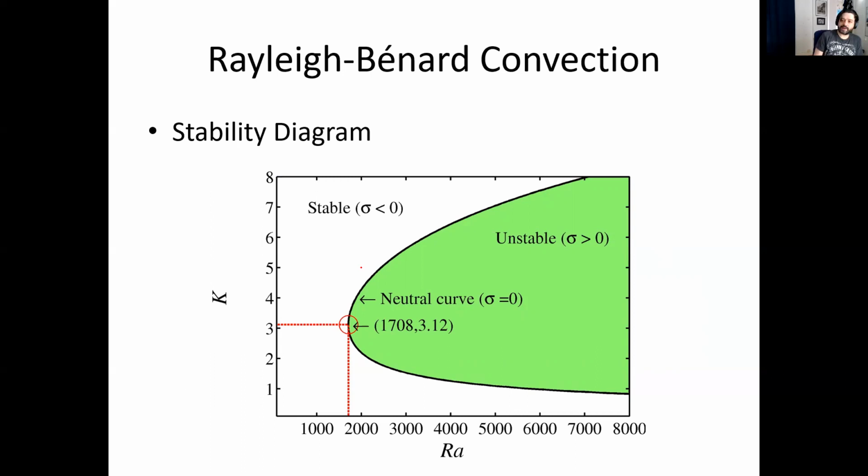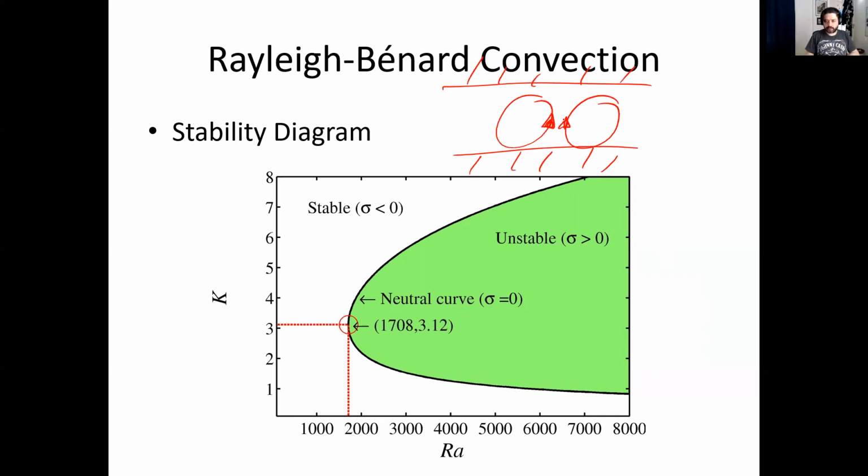So for the Rayleigh-Benard convection, if you remember, the idea was we have two solid walls and a temperature difference, and then you get these convection cells building up. These convection cells build up once you are in this unstable region, the green region here, which is a function of the Rayleigh number, as we have discussed, and the wave number.